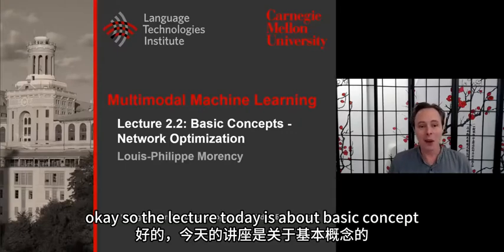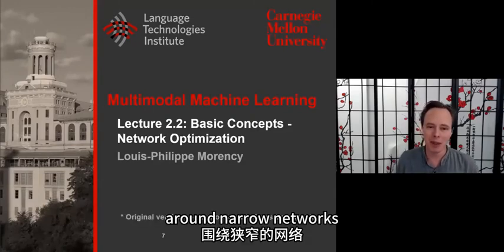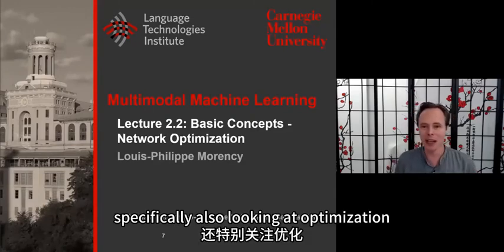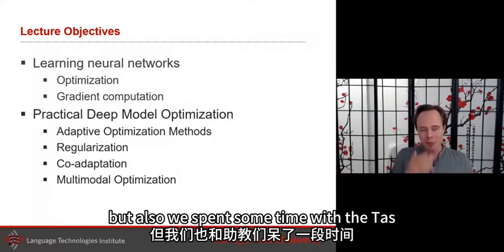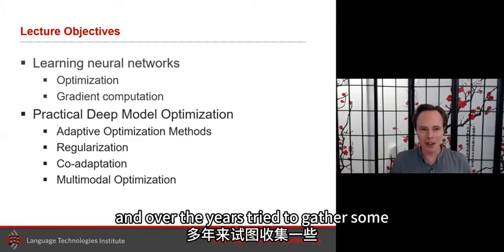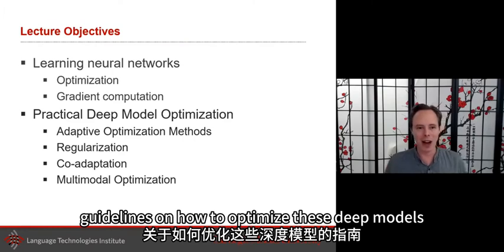Okay, so the lecture today is about basic concepts around neural networks, specifically also looking at optimization. We'll look at optimization, gradient computation, but also we spent some time with the TAs and over the years tried to gather some guidelines on how to optimize these deep models.